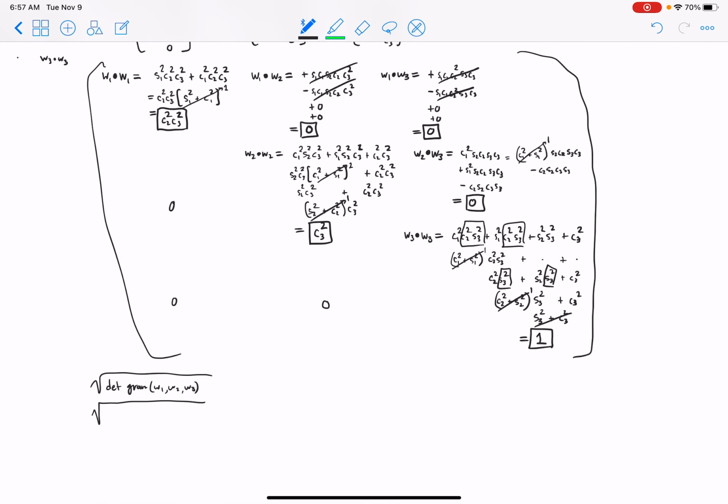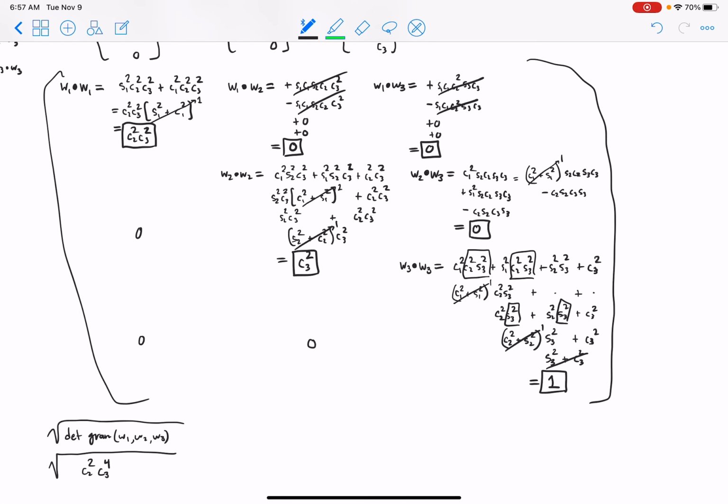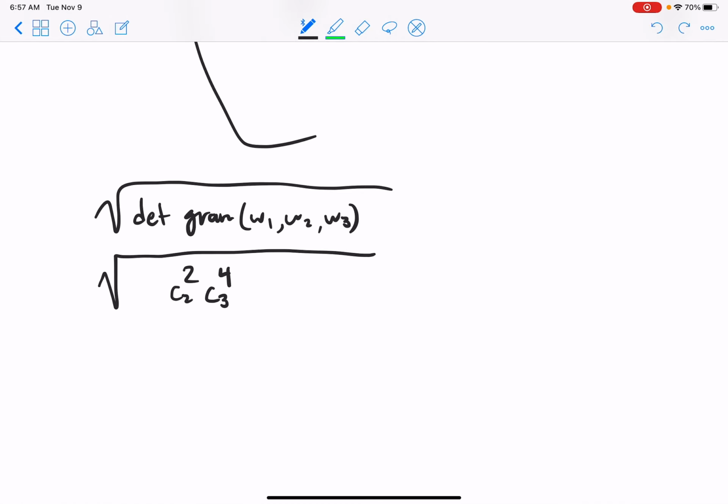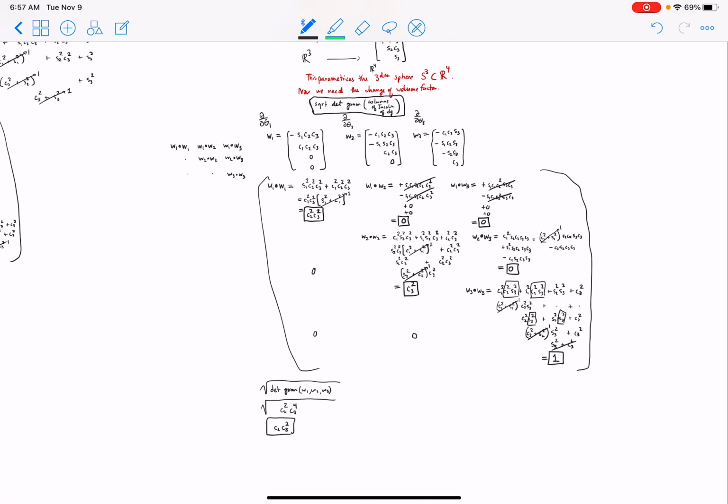It was these 3 multiplied, so it's a C2 squared, C3 to the 4th. Look at that. You see how these 2 multiplied together give a C3 to the 4th? We multiply by 1. Okay. And C2, C3 squared after the square root. And that's it. That's the change of volume factor.